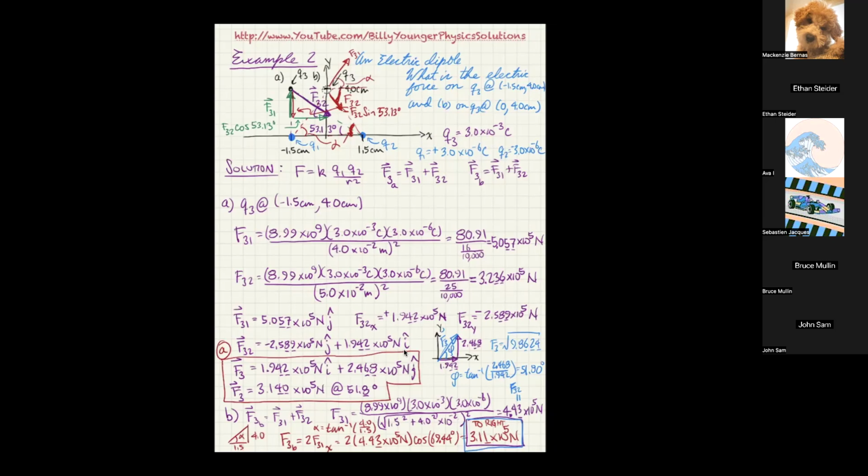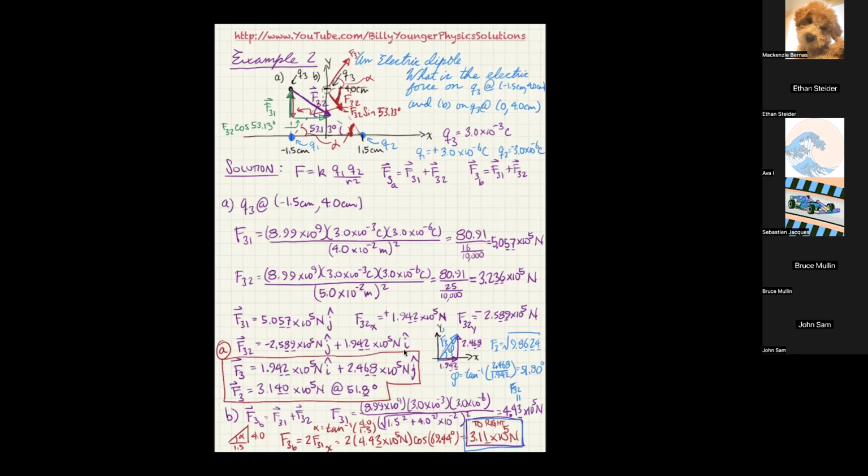If I just took that 3.140 times 10 to the fifth and divided it by 3 times 10 to the negative third coulombs, because that's what Q3 is, then that would give me the electric field at A. Its magnitude would be 3.140 e to the fifth divided by 3 e to the negative 3.